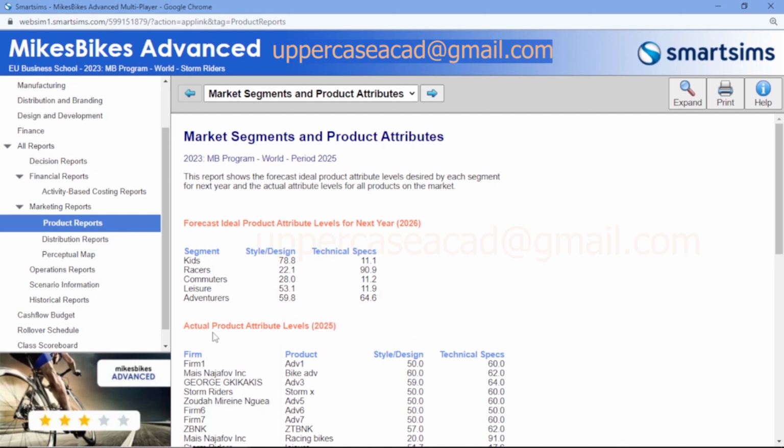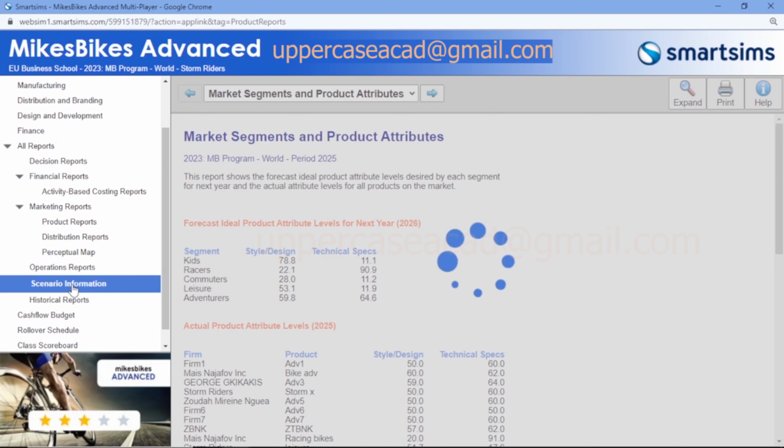Also, if you look at the actual product attributes, you'll see that it's for 2025, and this actual product will allow you to compare your product characteristics with those of your competitors. The next tip that I want to give you is about the scenario information. So let's go to the scenario information.